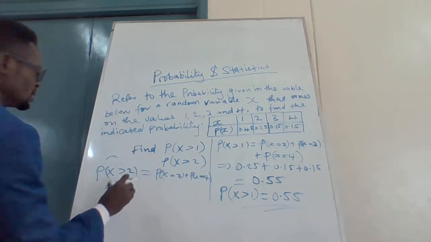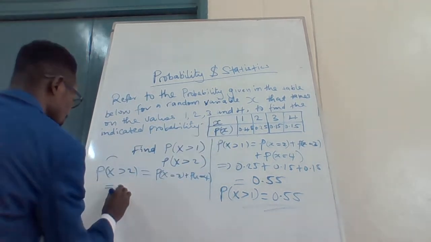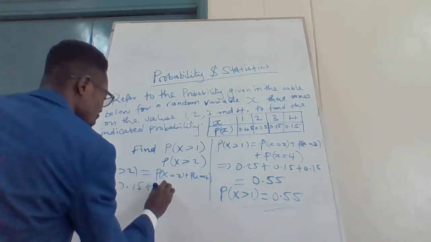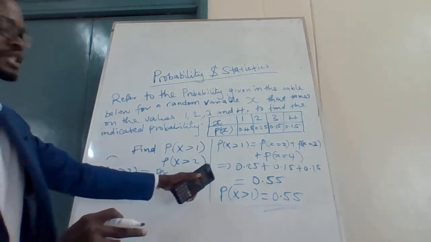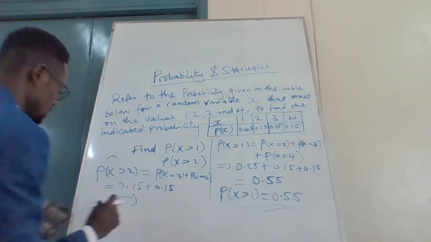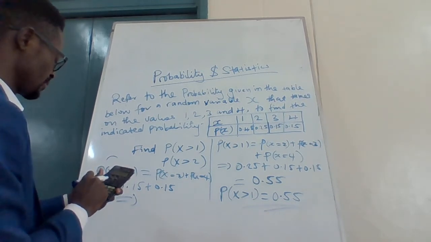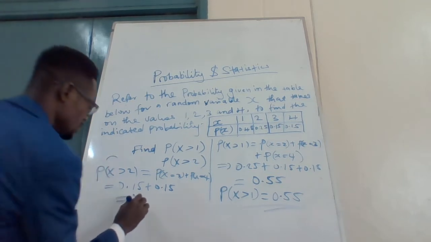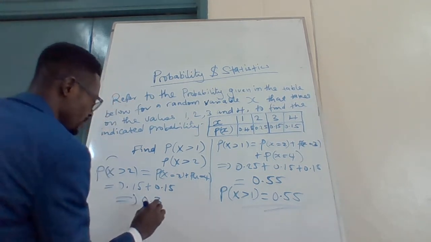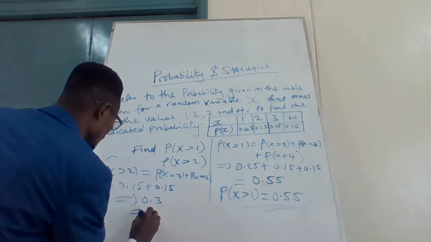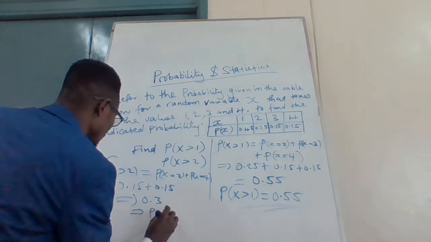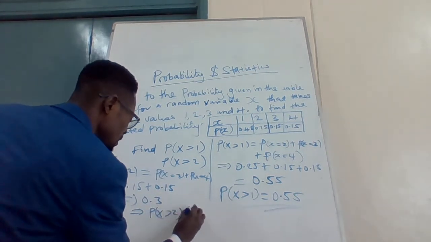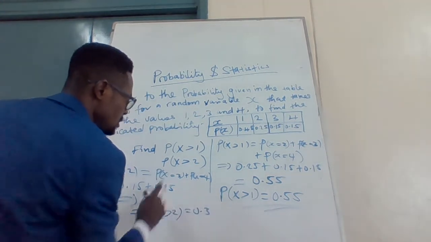So the probability of x equals 3 is 0.15 plus 0.15, which is the probability of x equals 4. And this implies that our probability is 0.15 plus 0.15. That is 3 over 10, which is 0.3. Therefore, the probability of x when this random variable is greater than 2 will be given by 0.3. And that is our answer.